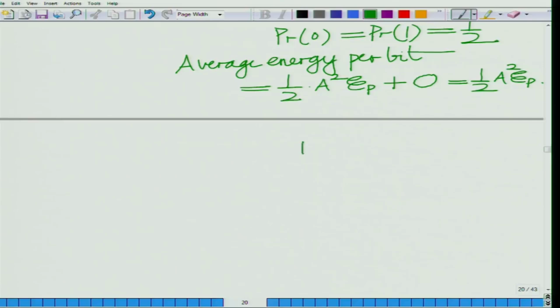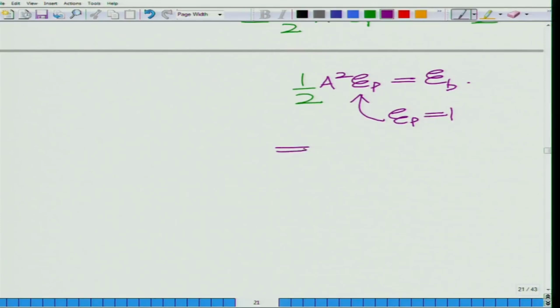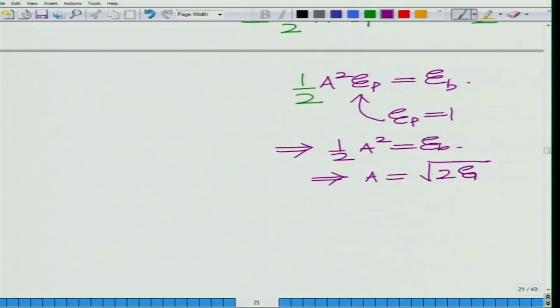Now, given the average bit energy is E_b, we need to have half A squared E_p equal to E_b. Further, we have E_p equals 1 because the pulse is normalized to unit power, which implies half A squared is equal to E_b, which implies A is equal to square root of 2 E_b.